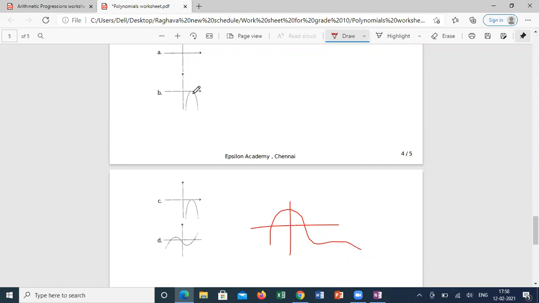For a quadratic polynomial, if I am extending this graph, it never touches. But here you can't predict how the graph is varying. It should be like this, or it should be like this. Then only it should be a quadratic polynomial. That is a graphical point of view, where we are going to learn a little bit more detail in graphs in grade 11. In grade 11, there is a separate topic related to graphs.